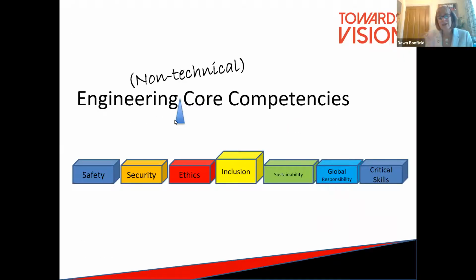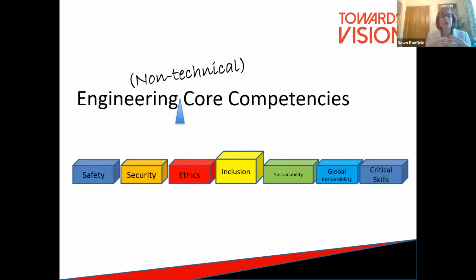And basically it's trying to get inclusion as one of the core competencies that we have as engineers. And there's a list there of the kind of non-technical core competencies that are the background, if you like, the way that we want our engineers to think. And we're very used to thinking in a safety conscious way, for example.